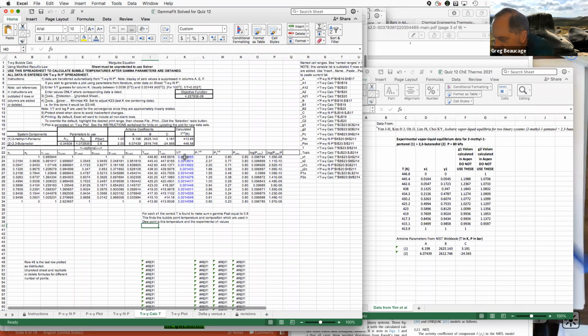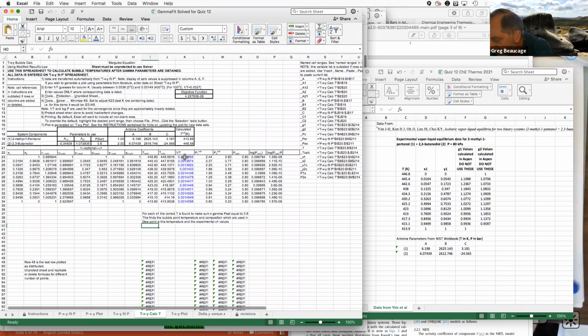So the temperature is changing, and the A12s are fixed. So the gammas only depend on X. In this case, you're going to calculate PY1 equals X1, gamma 1, P sat 1.